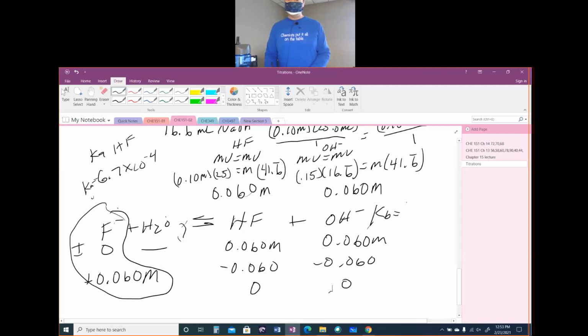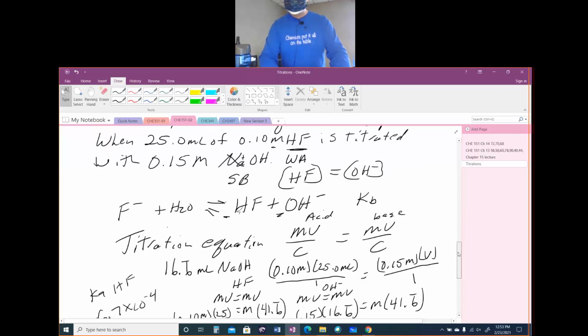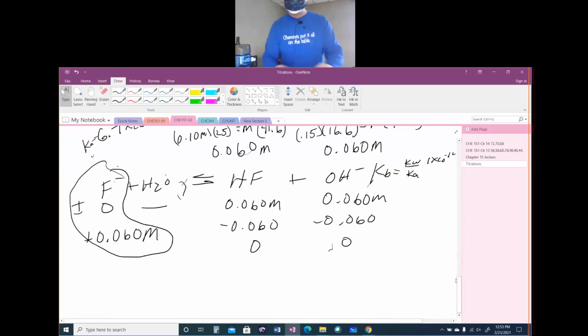The Kb is the Kw divided by your Ka. So you take your 1 times 10 to the minus 14 and divide by the Ka that you either find on the chart or is given in the problem, which is 6.7 times 10 to the minus 4. When you push the buttons, you get a Kb value equal to 1.5 times 10 to the minus 11.